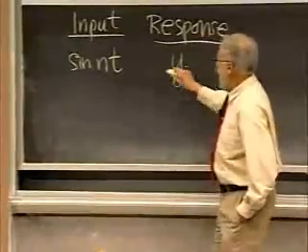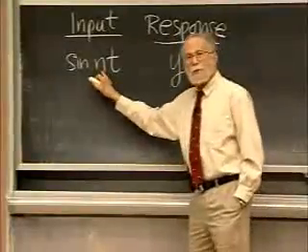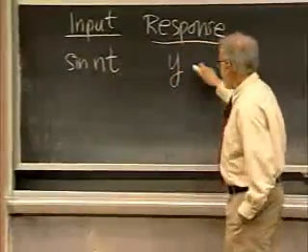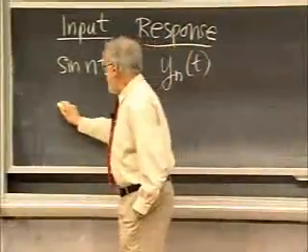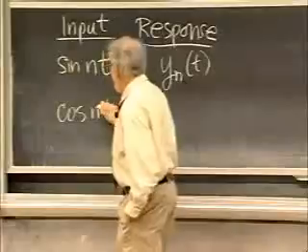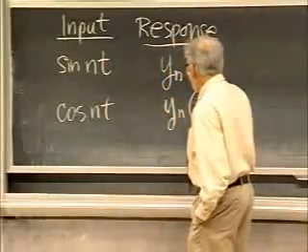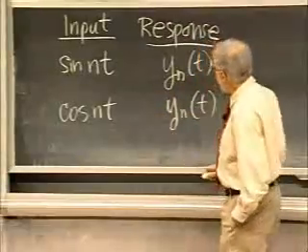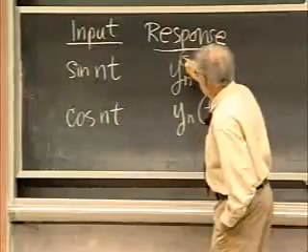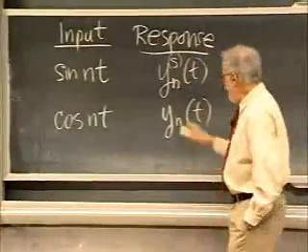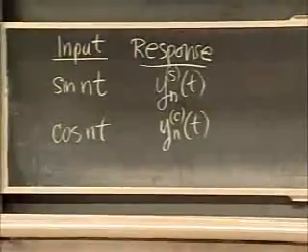Let's call it y. I better index it by n because it, of course, is a response to this particular periodic function. So y_n of t. And if the input is cosine nt, that will have a response y_n. Now, I really can't call them both by the same name, so why don't we put a little s up here to indicate that that's the response to the sine, and here I'll put a little c to indicate it's the answer to the cosine.